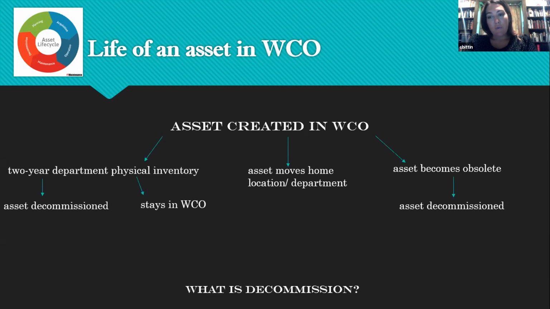Which is always our first goal in asset management, to repurpose. However, if they can't be repurposed, we'll decommission it. I'll go into WebCheckout and decommission, put in our notes whatever reason it's being decommissioned for, and then send it to decommission. So basically, decommission is when we're pulling it from our inventory.